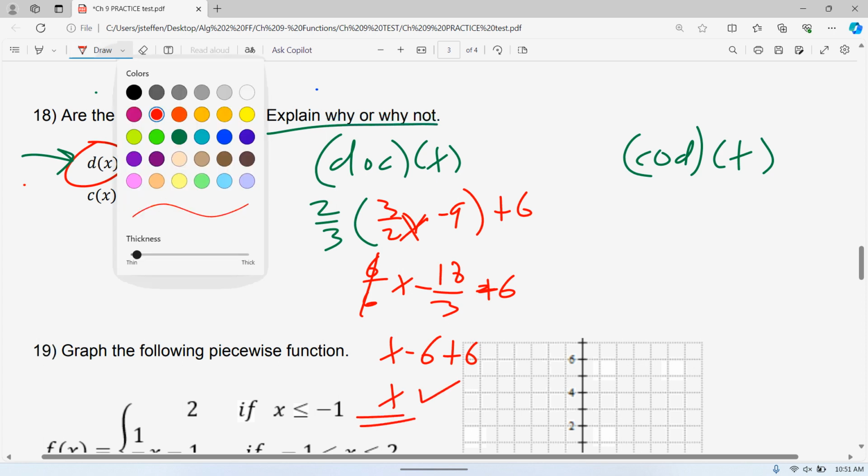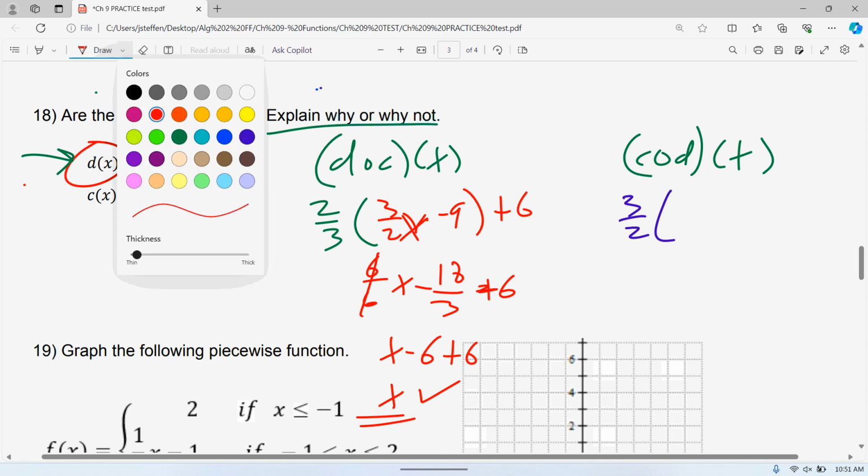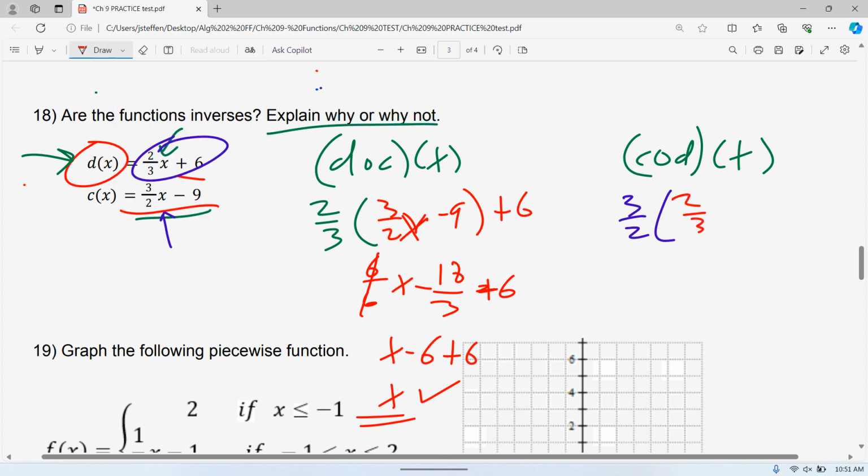But now we have to do the same thing to the other one. So now I plug d in for this x, so 3 over 2 times 2 over 3x plus 6. Minus 9, don't forget about that. Again, when you multiply this out, you get 6 over 6x plus 18 over 2 minus 9. So that cancels. 18 over 2 is 9.